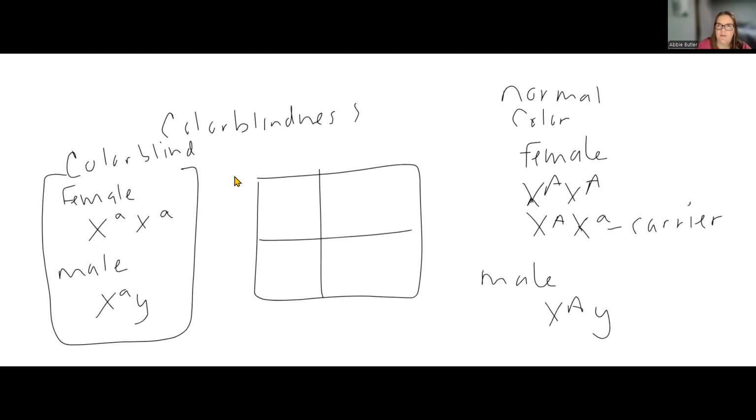What you would do is you figure out what the parents' genes are and you'd put them on the square. We're always going to have one parent up top and one parent on the side. Let's say we cross the dad who's colorblind with a mom who is a carrier, or heterozygous. You would carry the letters across and the A's stay with the X's.